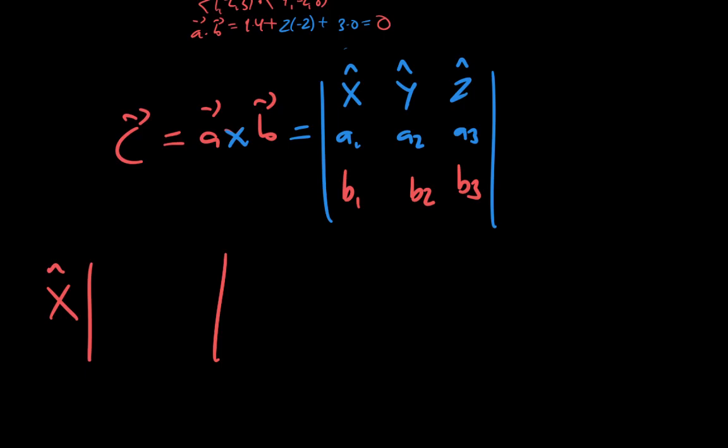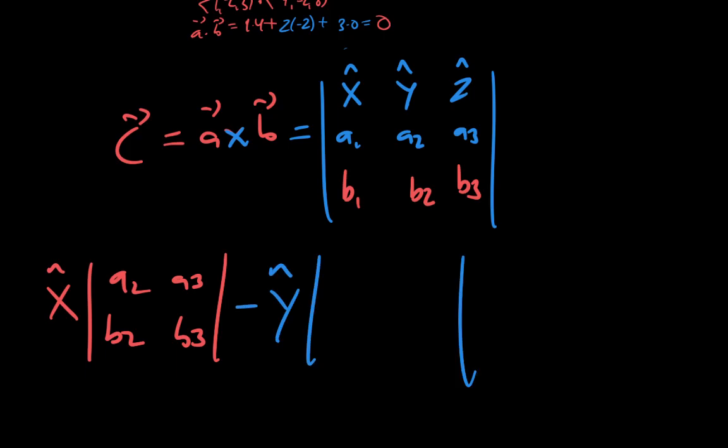This would be for our x component: A2, A3, B2, B3, minus the y unit. And now the cross-out method: A1, A3, B1, B3. And now we're going to add the z unit, and the cross-out method would be A1, A2, B1, B2.